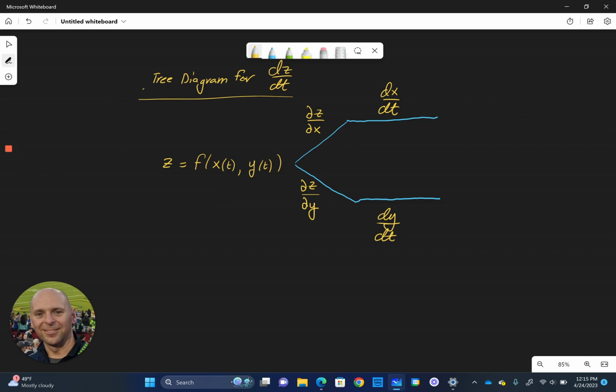So now we just go ahead and multiply through to form up the individual chain rules. So this is the partial of z with respect to x times dx dt. And on the lower branch, we have the partial of z with respect to y times dy dt.